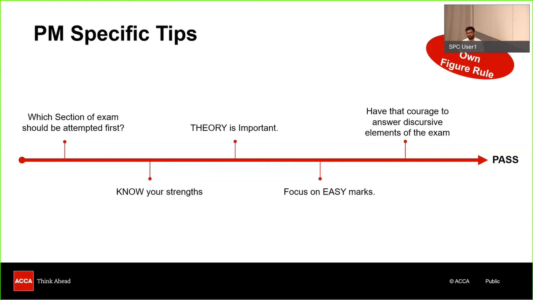Now you can look at those difficult questions, the difficult tricks which are set by the examiner for you to waste time. But you have simply moved on, and you have not wasted your time with those difficult questions. So the exam strategy is very important.